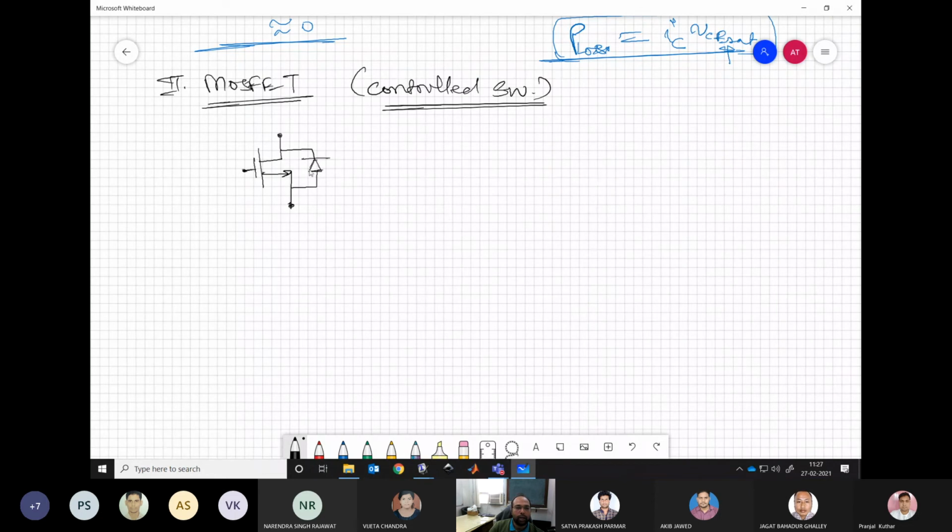There is a body diode by default present on the MOSFET. It has terminals drain, source and gate, and through the gate voltage relative to the source, the device operates in various modes or zones. Now here the device again has forward blocking capability and forward current conduction capability. These are the characteristics.